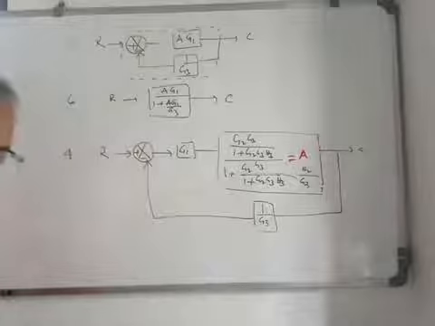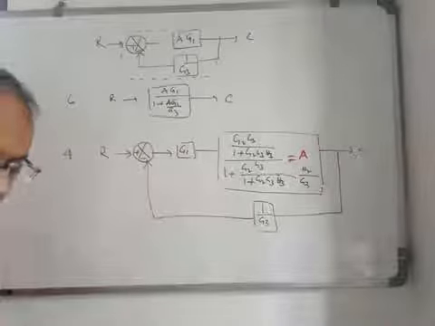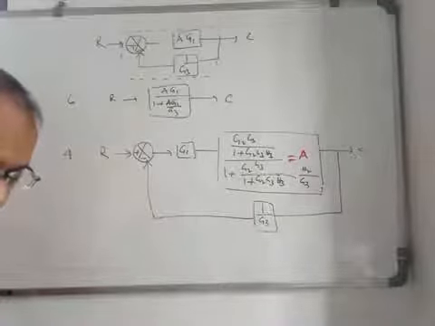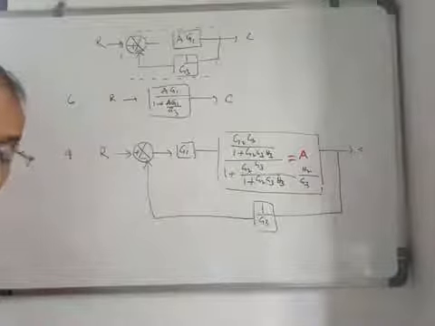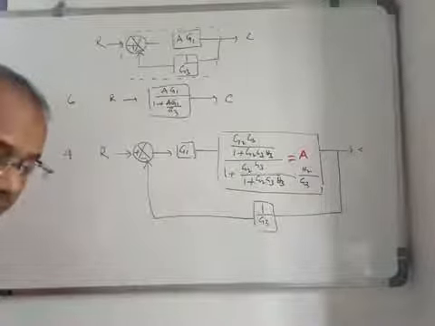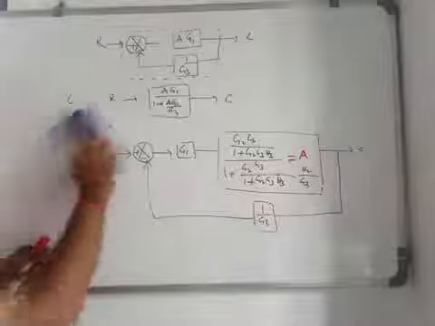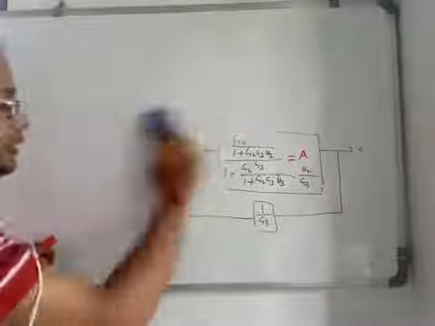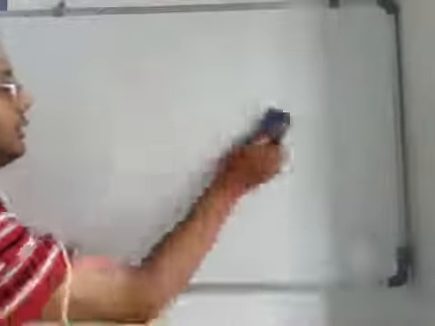These are the two major things you have to do during the reduction algebra when you apply block diagram reduction algebra for practical problems. And we will try the last problem here, and that will be sufficient to understand the block diagram reduction method and the algebra.